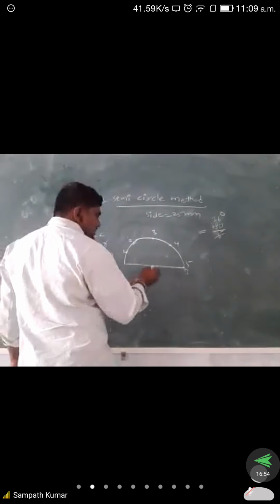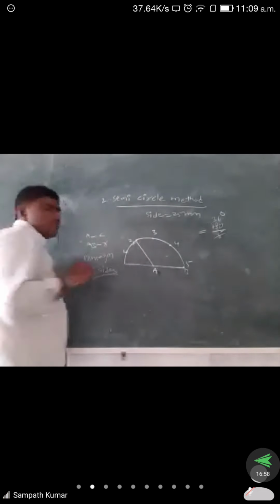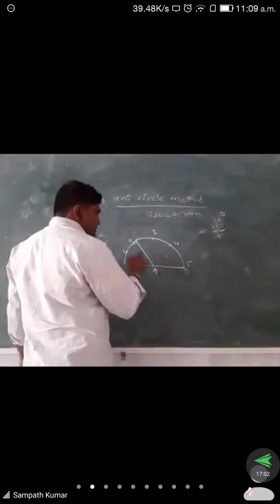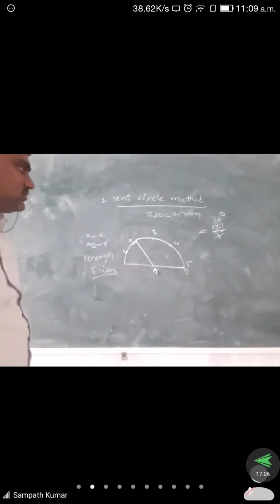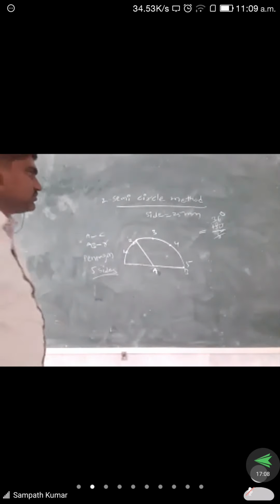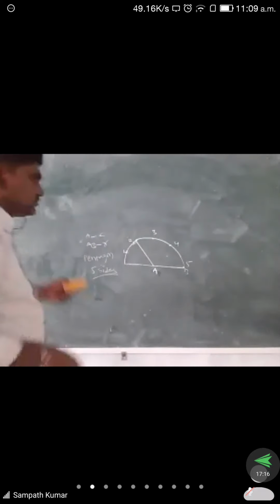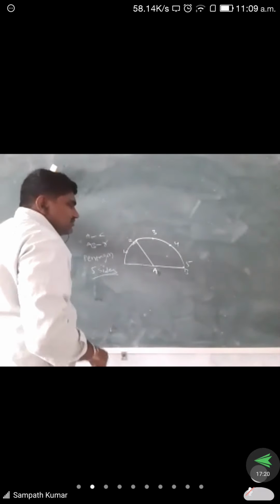By using the semicircle, the A point is joined with 2. That's A2 is equal to how much? A2 is equal to 22 mm? 36?